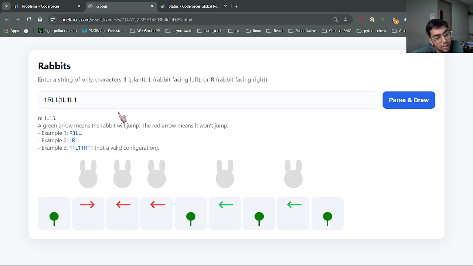So I make it L. This one, could I make it L? Yes. This one, could I make it L? No. So could I make this R? Or could I make this R? Yes, you can. Hmm. Putting all of this doesn't exist. This L. Let me make this R. What just happened?